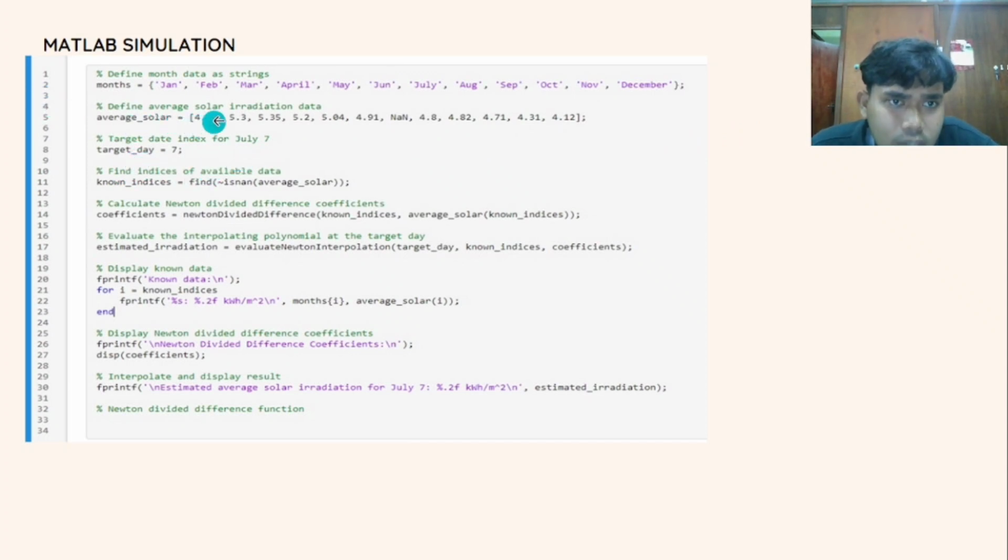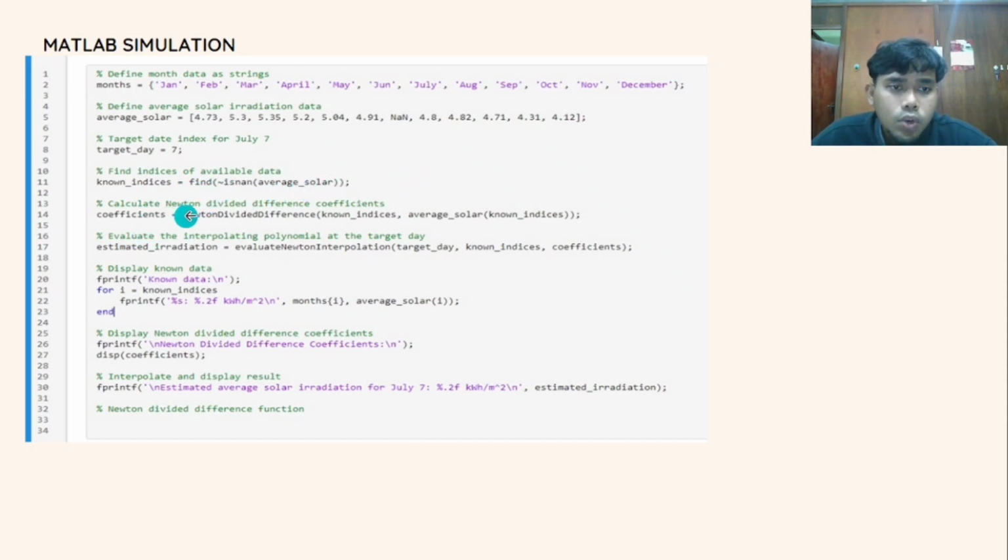Define average solar irradiation data as a function of x. Next, the row target data index for July is 7. Target data is 7. As you can see, we assume the month of July is missing data. Okay, the next row, find in list of available data.